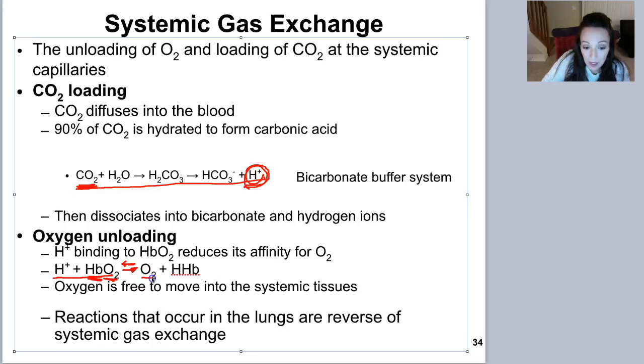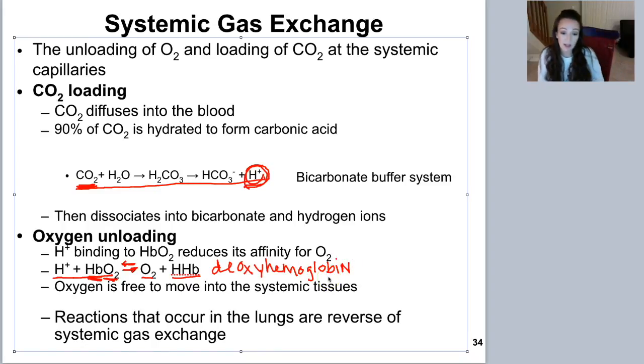On this side, we have oxygen plus HHb. This is actually what we call deoxyhemoglobin. So I know it doesn't look like deoxyhemoglobin from that little molecular formula right there, but we call this deoxyhemoglobin.